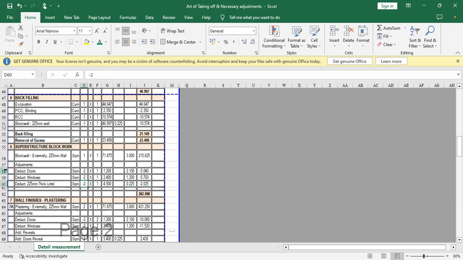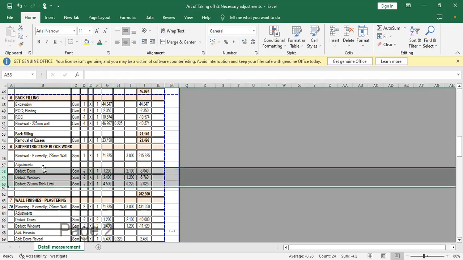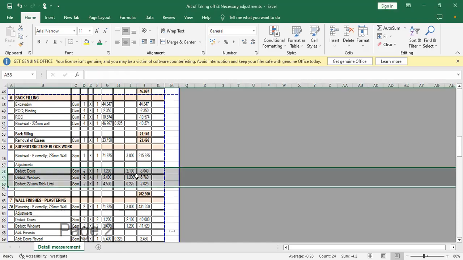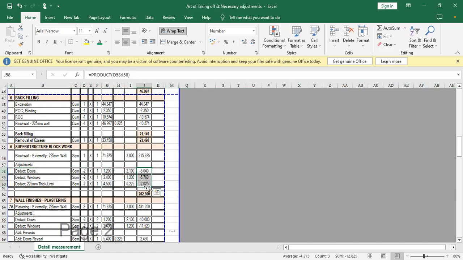So the total deduction we are going to make from our block wall for openings, that is door, window, and lintel, that is the portion that we are going to put other form of material that we are not going to put block wall in our wall. So it is about 12.825 square meters.